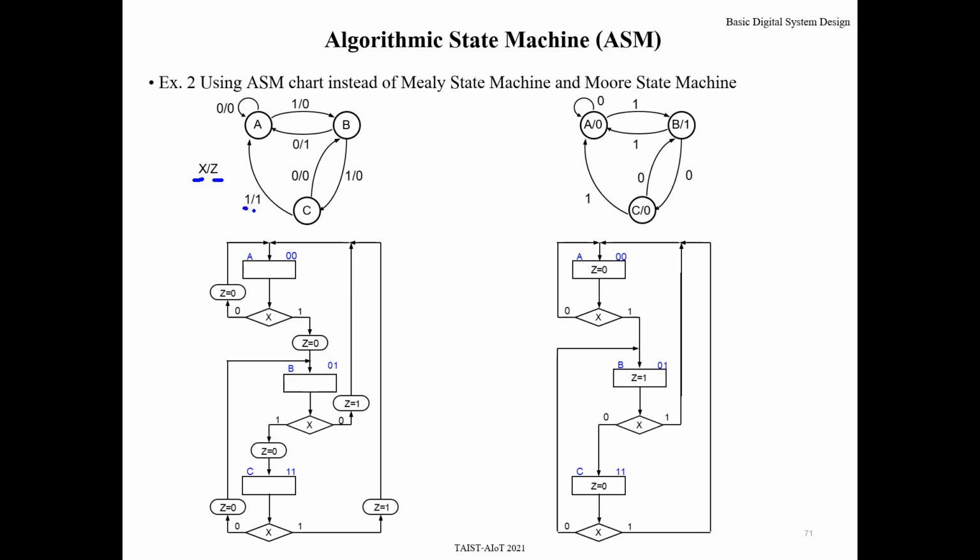At first, because there are 3 states, I use 2 bits for these 3 states. I assign 00 for state A, 01 for state B, 11 for state C.